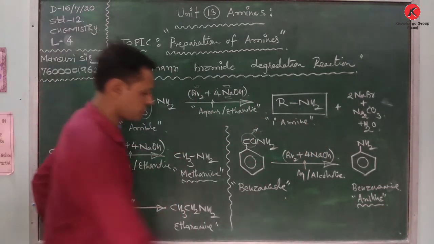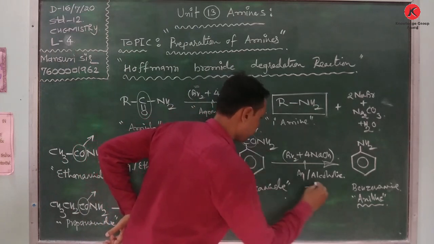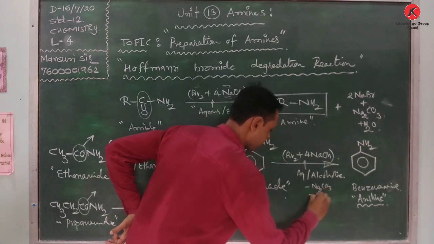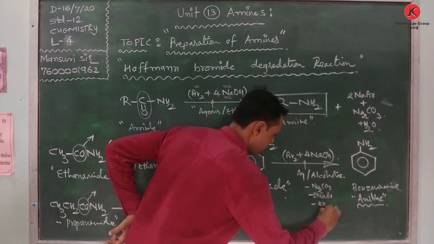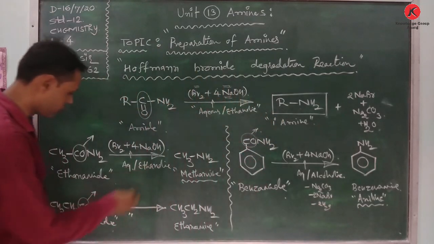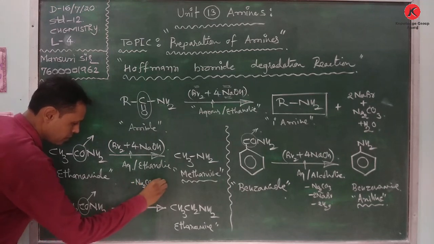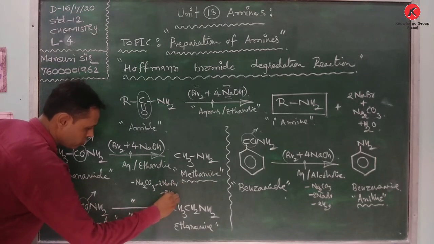Now what will your side products be? Na2CO3, 2 moles of NaBr and 2 moles of water. Here also you can say minus Na2CO3, minus 2NaBr and minus 2 water.